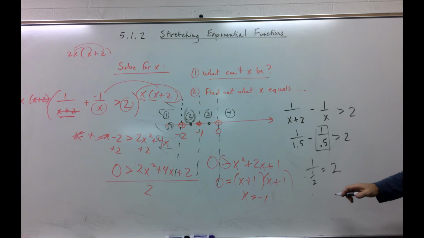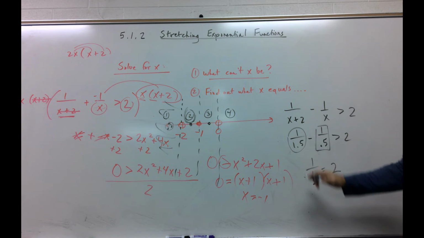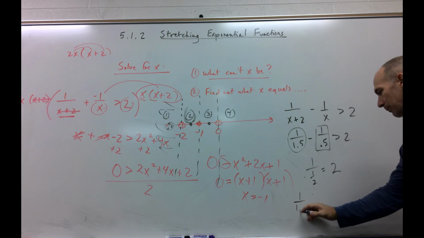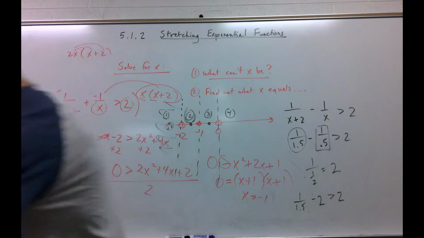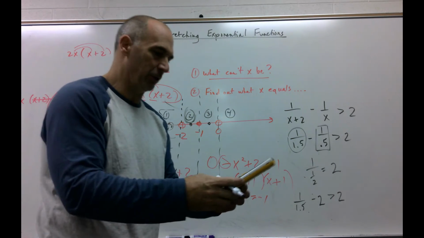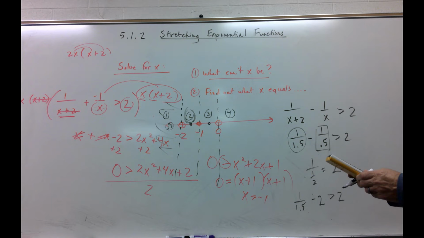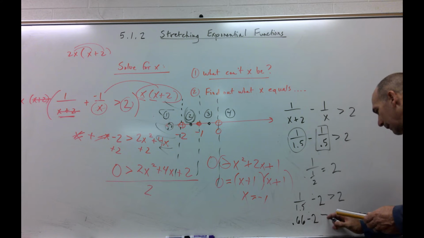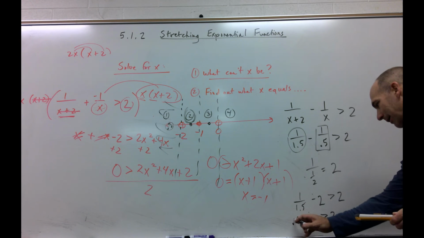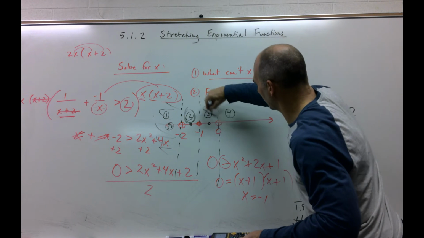So I've got some number, 1 divided by 1.5, minus 2 is greater than 2. We better take a look at this. Let me grab my calculator. Just want to make this very clear to us all. So I get 1 divided by 1.5, and that's 0.66. So 0.66 minus 2 is greater than 2? I don't think so, because that's a negative being greater than a positive. No. So space 3 doesn't work.